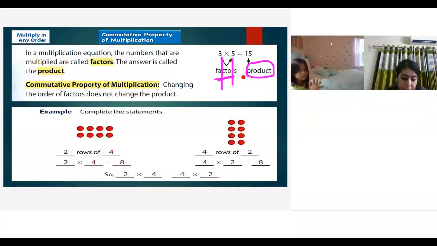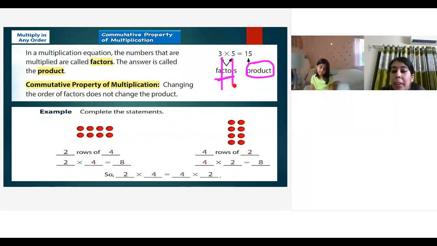Read it in a multiplication equation. No. First, read this theory written on the top. In the multiplication equation, the numbers that are multiplied are called factors. The answer is called product. Wait. First, understand this. What are factors and product?